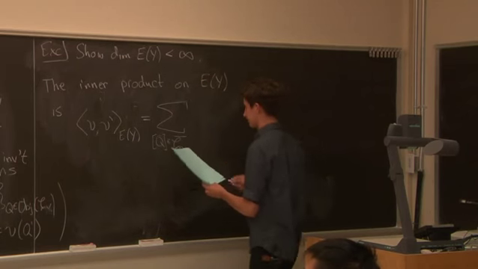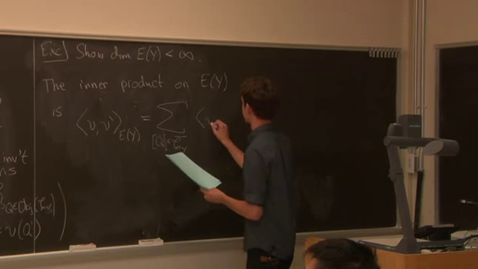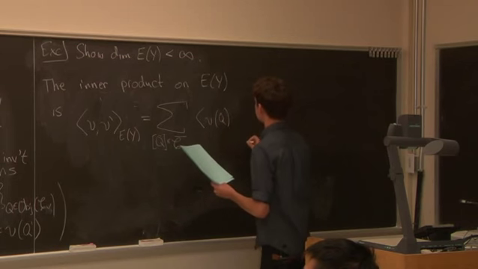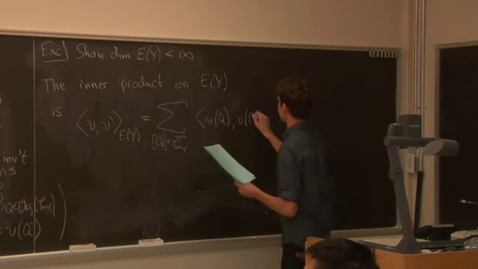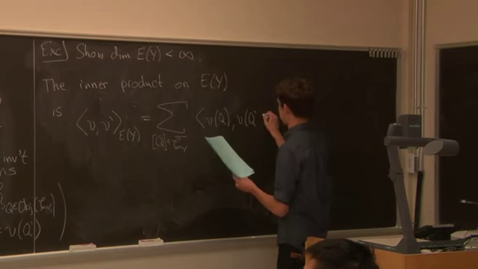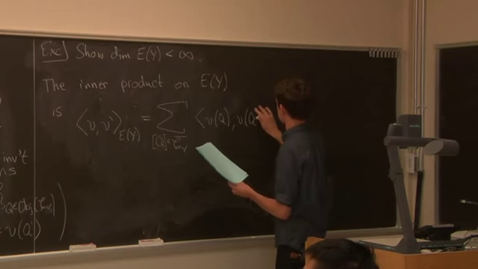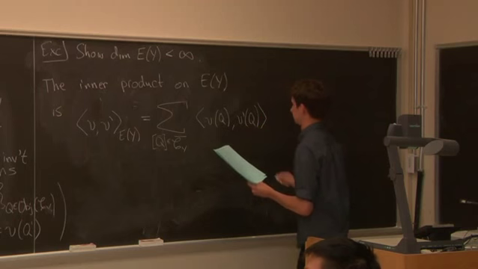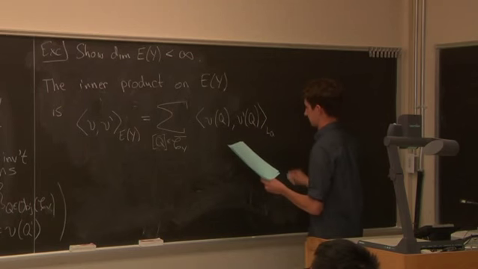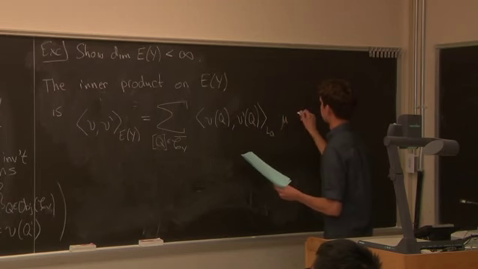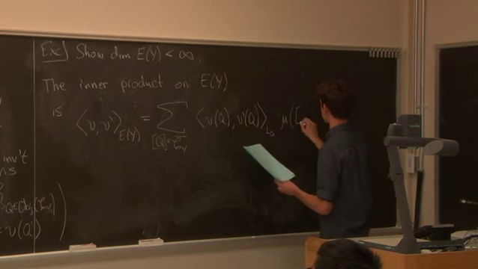So look at equivalence classes of bundles over Y. And then I sum up the inner products coming from the sections, but weighted by the measure.